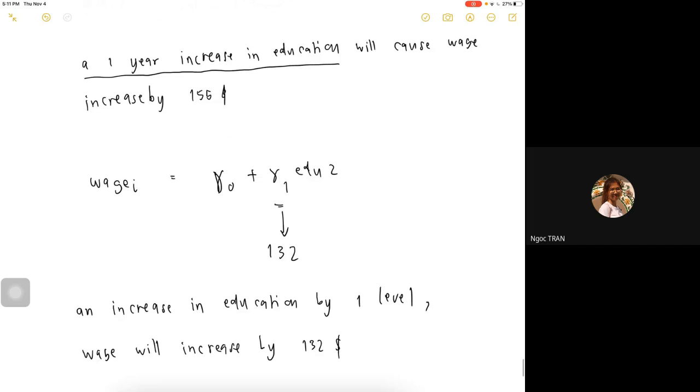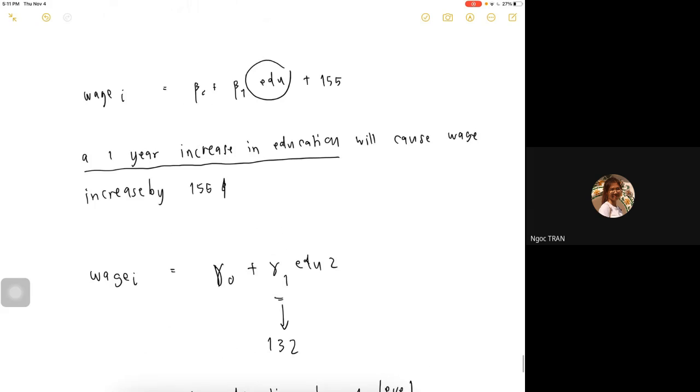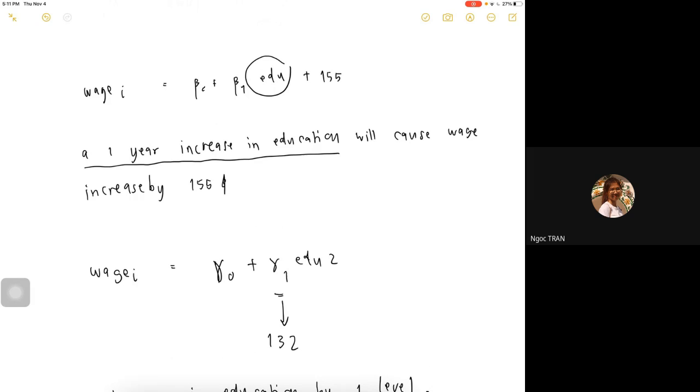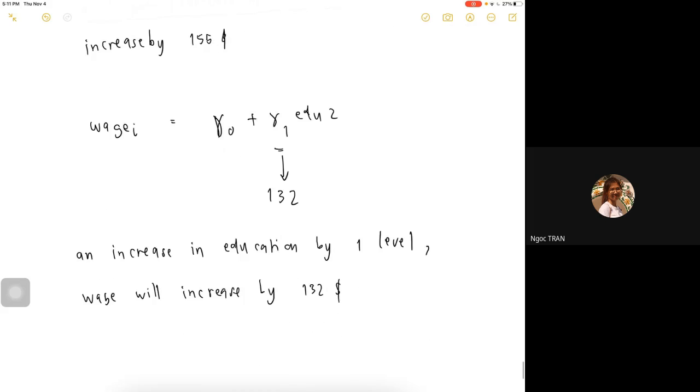It will be different between two types of education variables. For the first one, the unit is years, right? How many years of education do you have? But in the second case, you just set it as level.